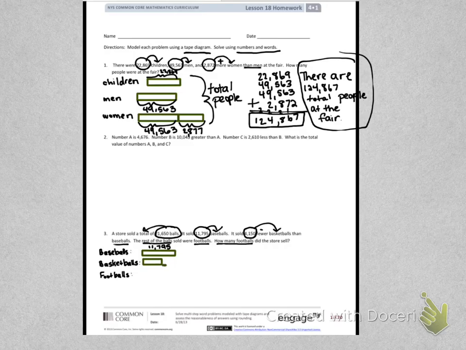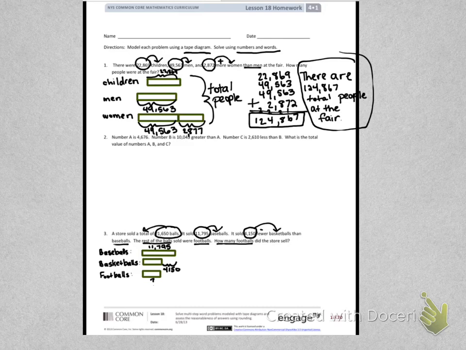Well, how many less than? 4,150. So however many basketballs, it's 4,150 less than the baseballs. And then we also don't have a clue how many footballs. So let's just put footballs as a question mark because we don't know. So let's look at this information and see what we can figure out.